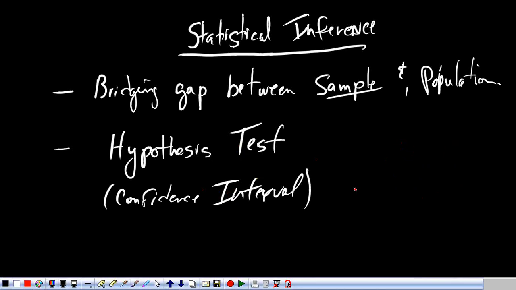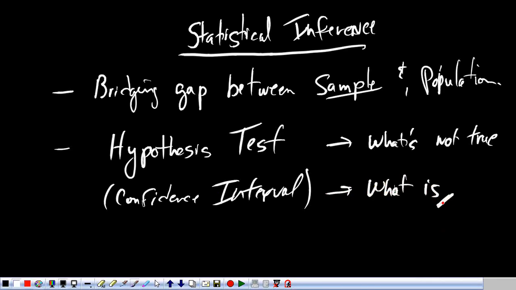And one last comment on this is that hypotheses are great at telling you what's not true, or what something isn't, and confidence intervals are great at saying what is. Okay, so that's it. We'll cover hypothesis testing and statistical inference more throughout the rest of this course, but this is just the beginning.